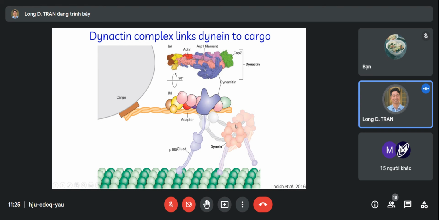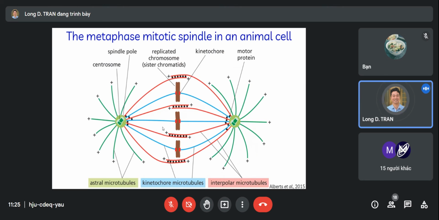And when the two heads of dynein hydrolyze ATP, it will change the conformation of the linker and allow the movement along the microtubule. So dynein only works as a very large complex, it's a huge complex. Therefore, it's much more difficult to study compared to kinesin.